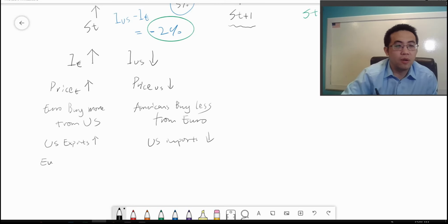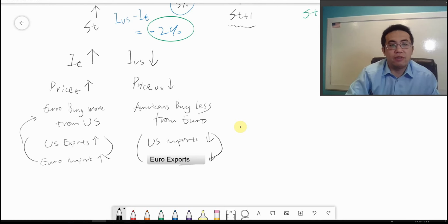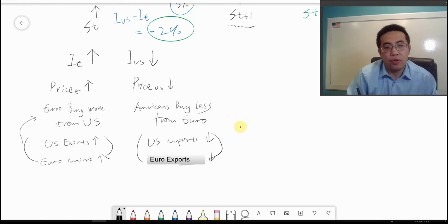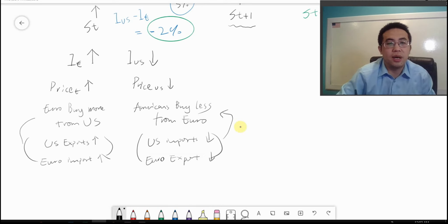or the euro imports increase, or US exports decrease. Okay, it's the same thing. So both US exports and euro imports indicate Europeans buying from the US, and both US imports and euro exports are indications of Americans buying from the Eurozone.